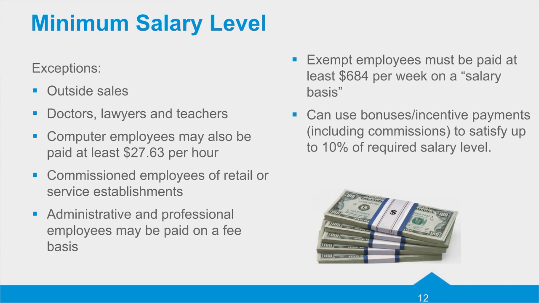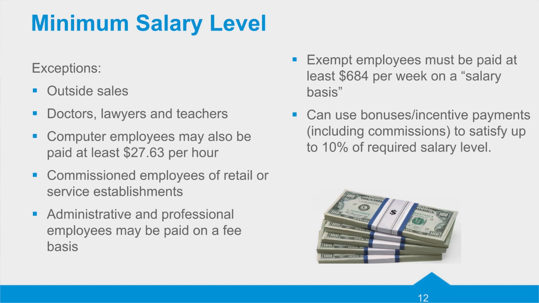Now, let's talk about the minimum salary level. This was updated fairly recently, went into effect January of 2020. And under federal law, you have to now pay a minimum of $684 per week. And this has to be paid on what's called a salary basis.